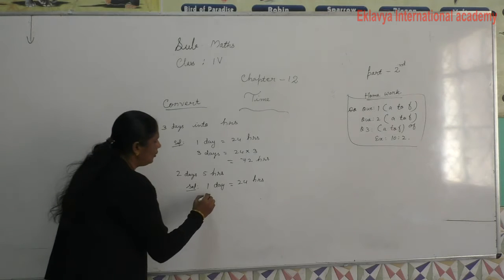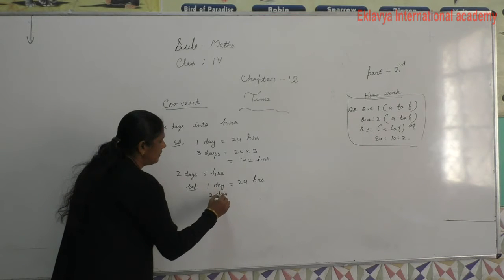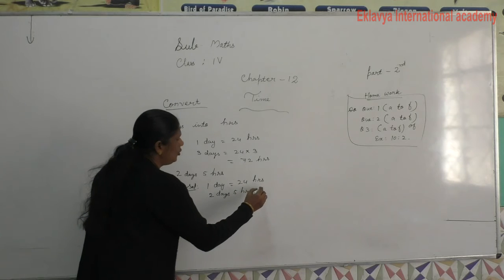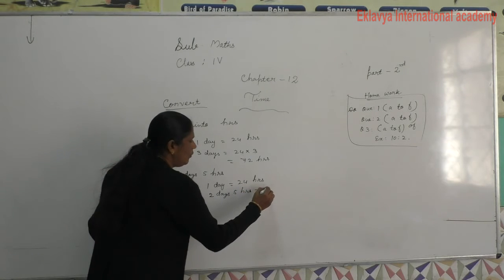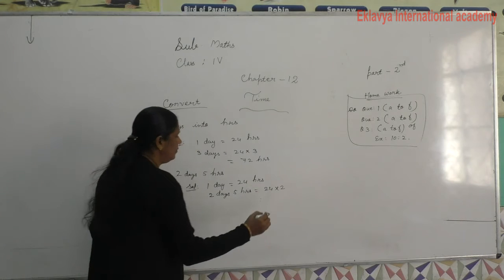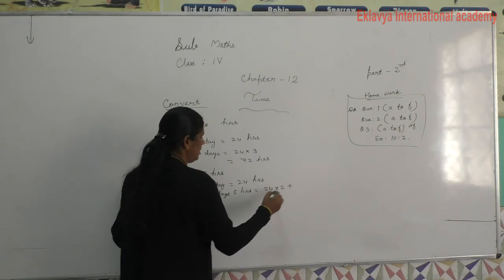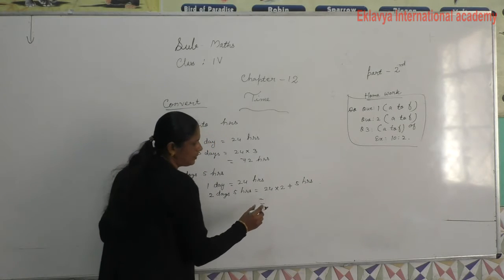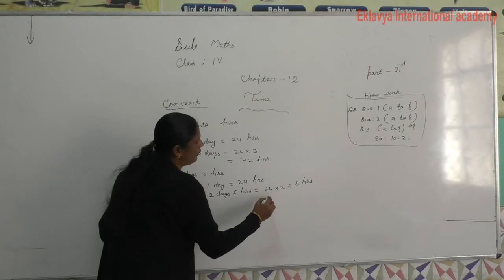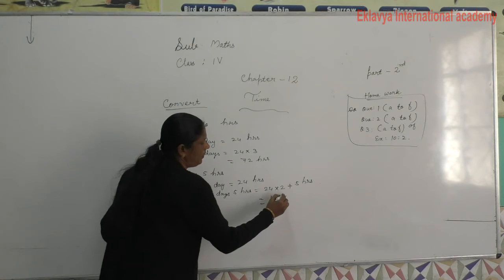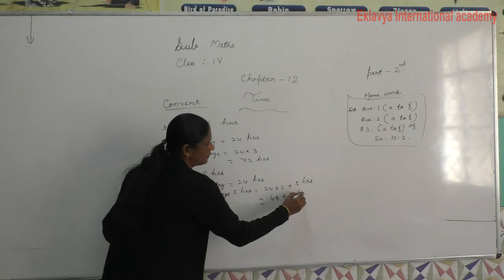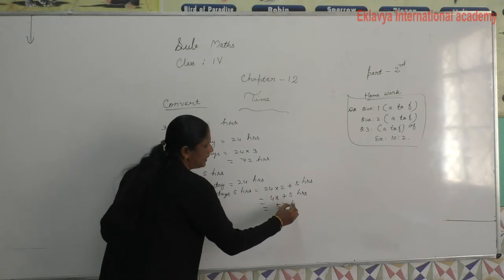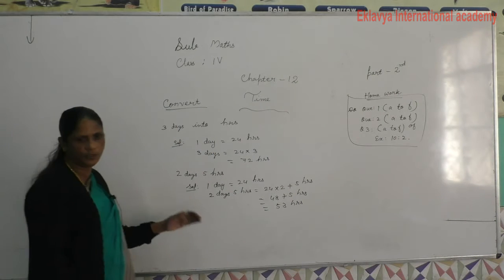Then 2 days 5 hours is equal to 2 into 24 plus 5 hours, is equal to 24 twos are 48, plus 5, is equal to 53 hours. Understand?